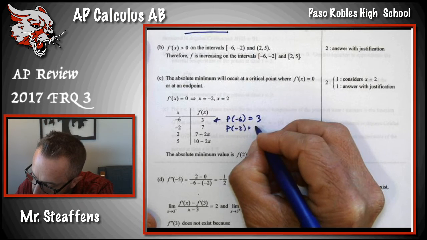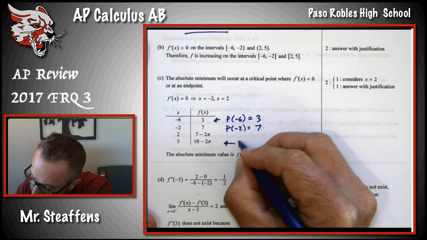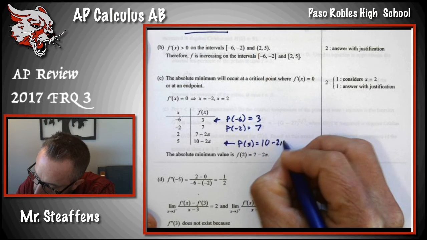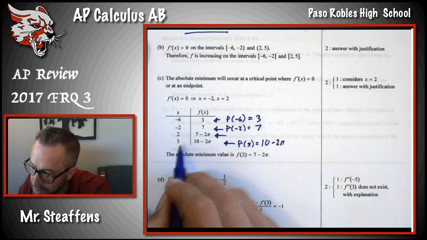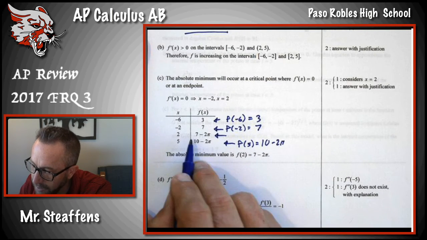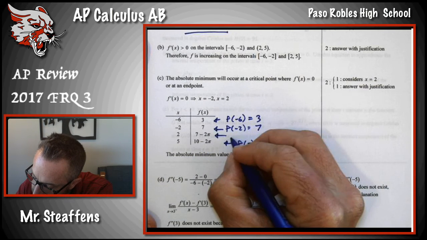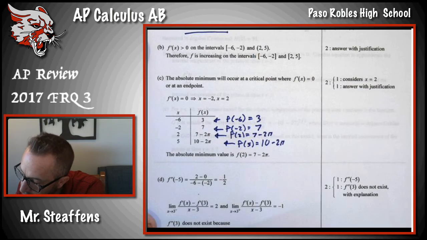That was worth 7. Plus we did 5. That's f of 5. We got that one already. It was 10 minus 2 pi. We would have to go back to our graph and calculate 2. But 2 was just everything except that final little triangle. So f of 2 is going to be 7 minus 2 pi.